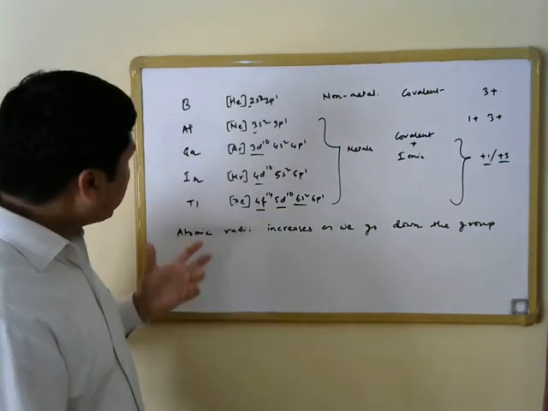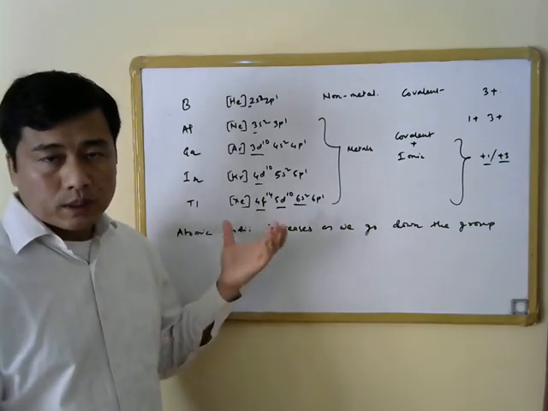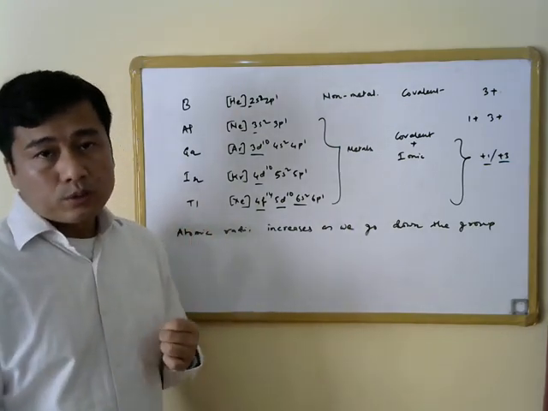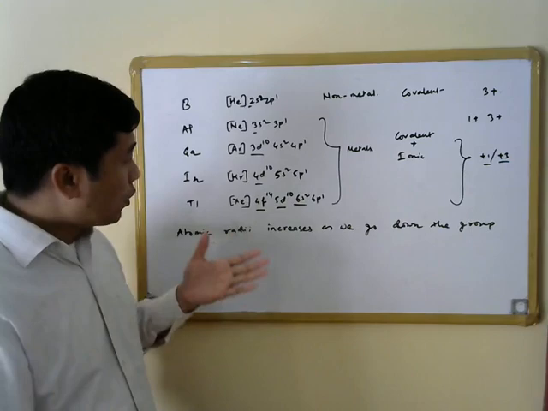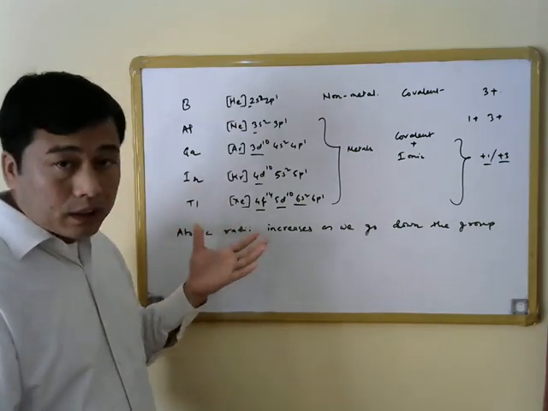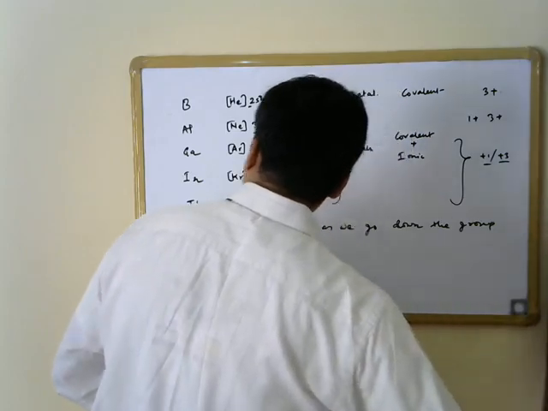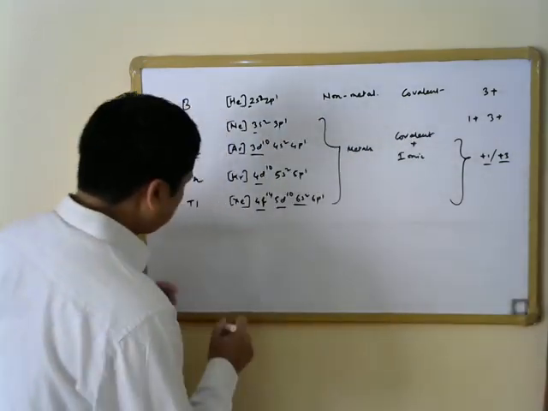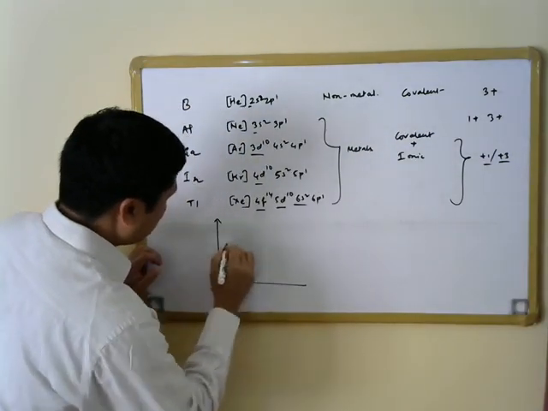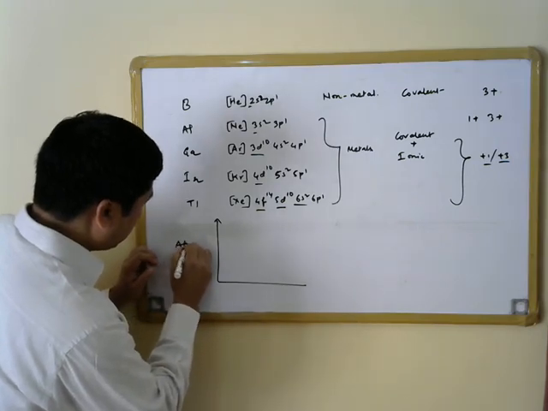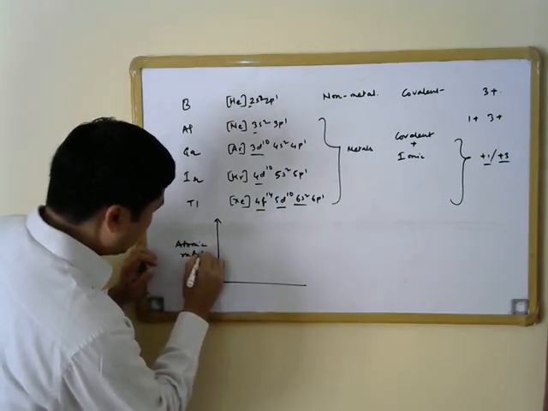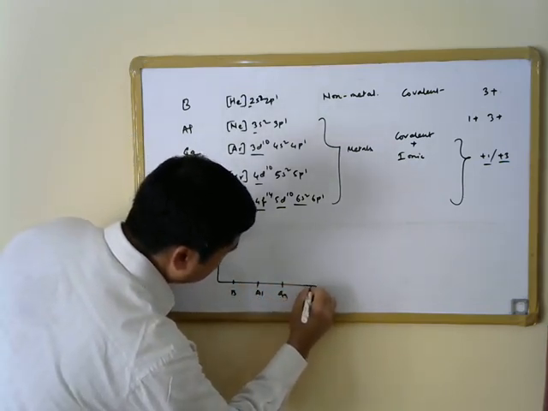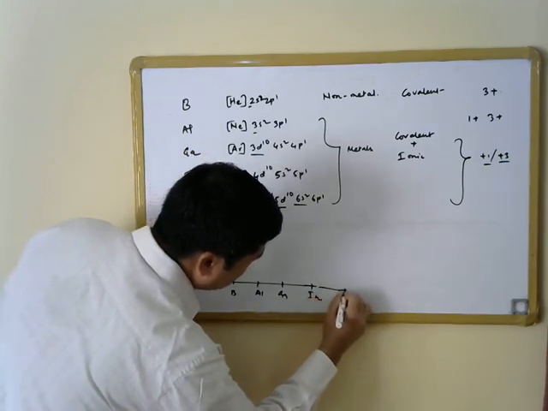But when you look at the experimental data for atomic radius for these elements, what we observe is that this trend is not very strictly followed. That is, the size does not necessarily increase as we go down the group. So let us try to plot the atomic radius against boron, aluminum, gallium, indium, and thallium.